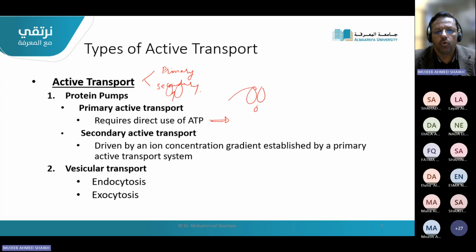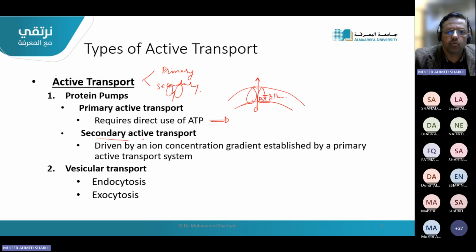This is the cell wall, and this is a pump, and this molecule wants to travel. If the energy is utilized directly here only, at the pump level, this is called primary active transport.